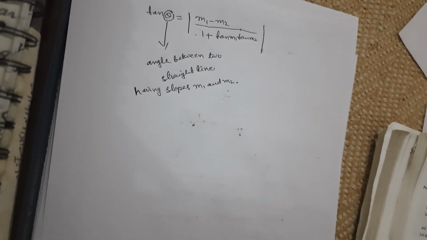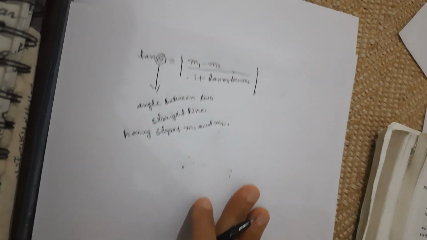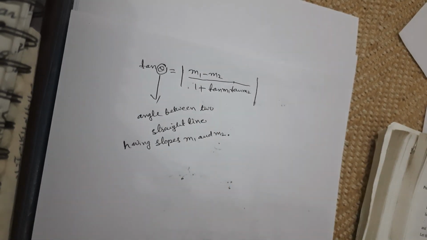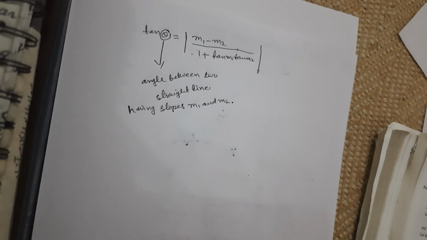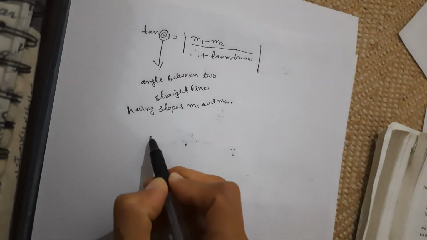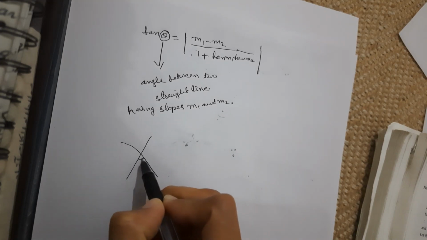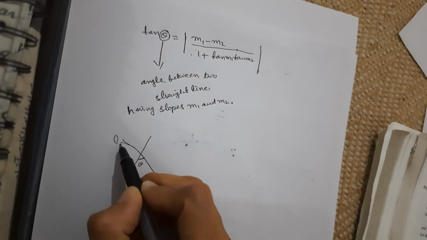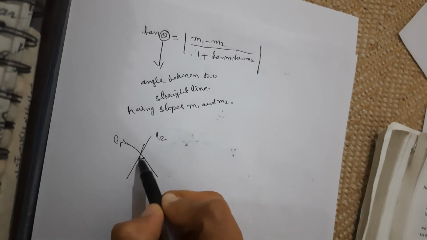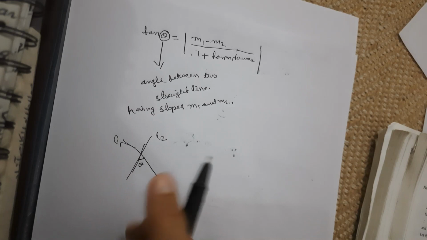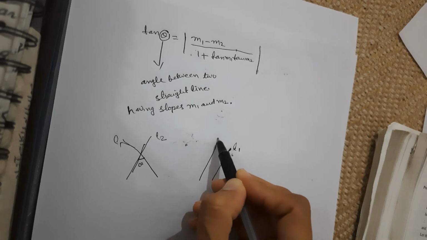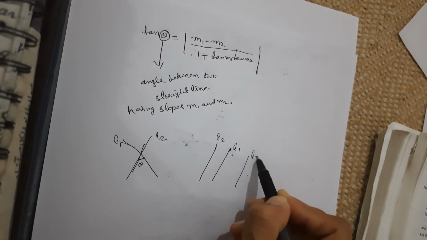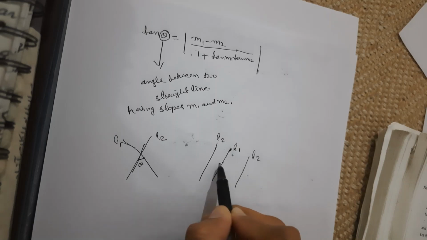Now some facts are very obvious from this formula. Suppose two lines L1 and L2 are cutting each other and we are finding the angle between them. Now suppose these two lines are parallel. If L1 is like this, then L2 will be the same, parallel, so they are not going to cut each other.